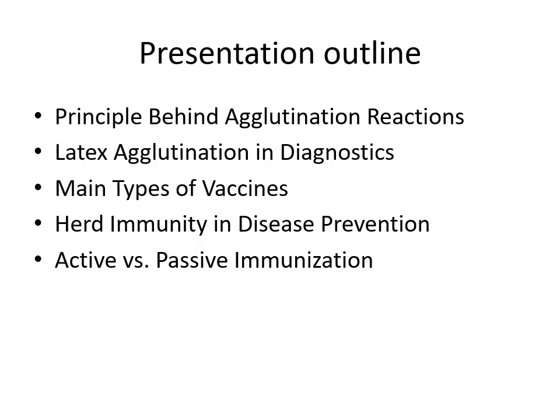So I have a presentation outline: the principles behind agglutination reaction and how latex agglutination works in diagnostics, then the main types of vaccines, and then how herd immunity works in disease prevention, and the differences between active versus passive immunization.